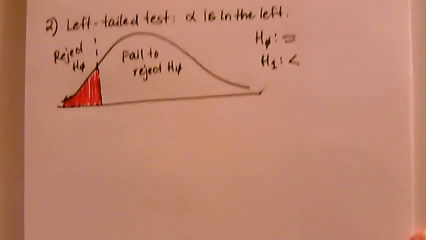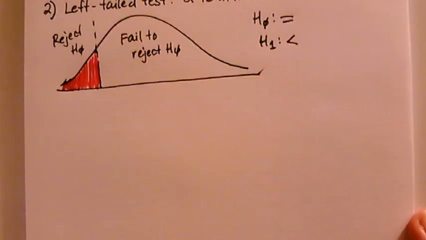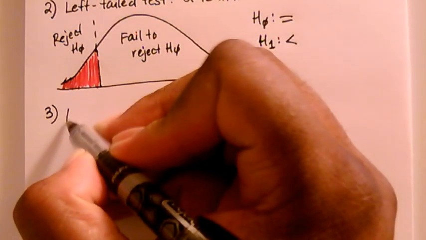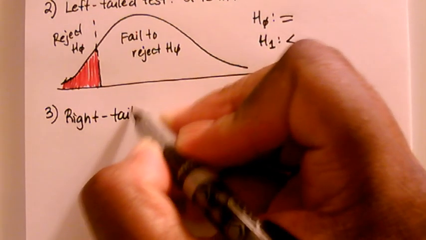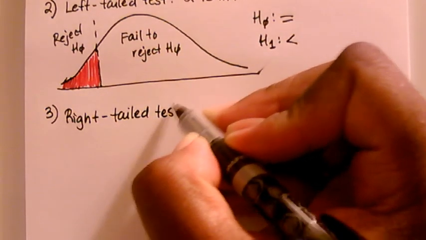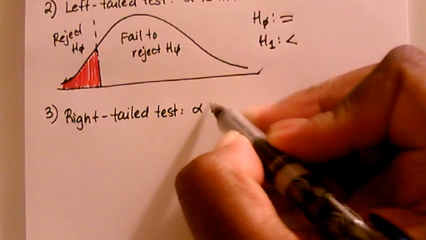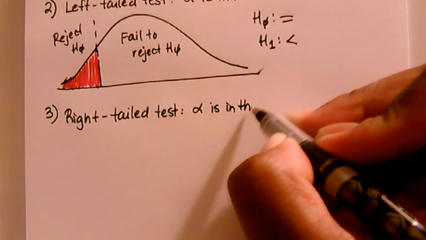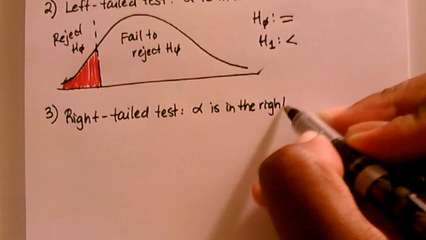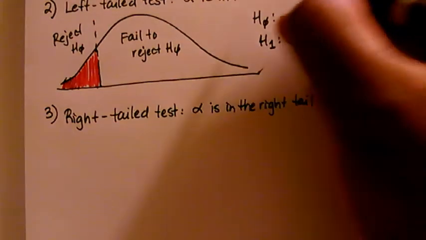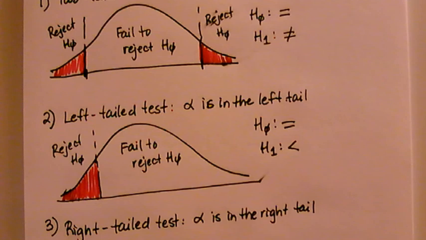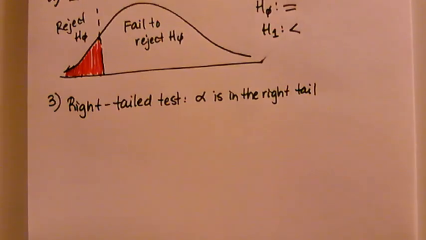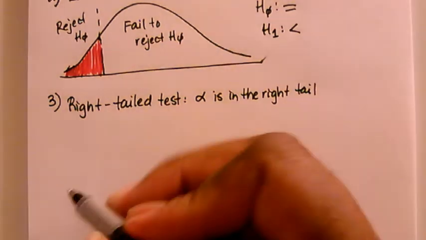And then the third type is the right tail test. In the right tail test, the alpha level is in the right tail. I did forget to say alpha is in the left tail for the left tail test. But for the right tail test, your alpha level is in the right tail.